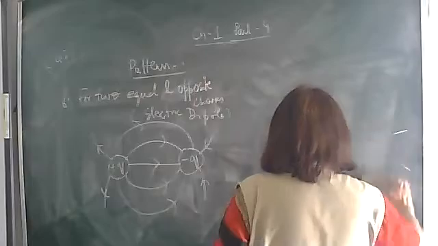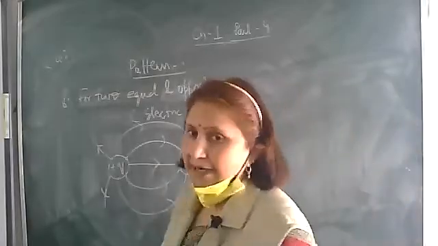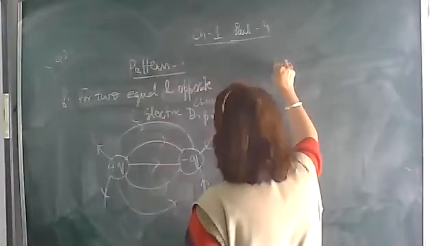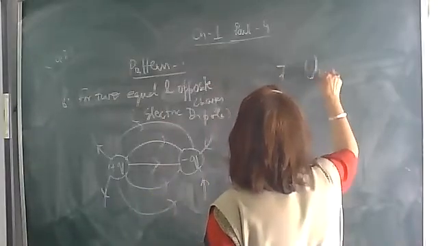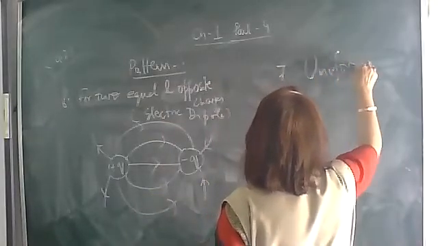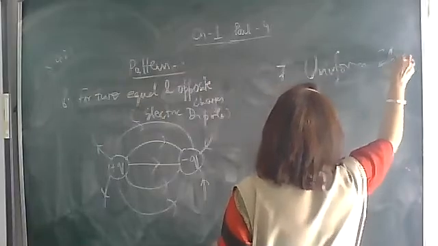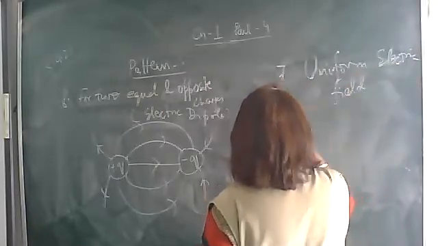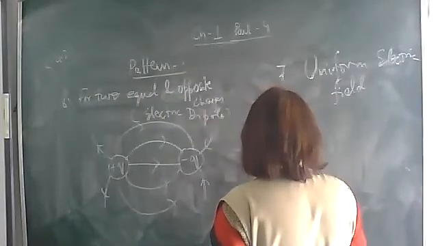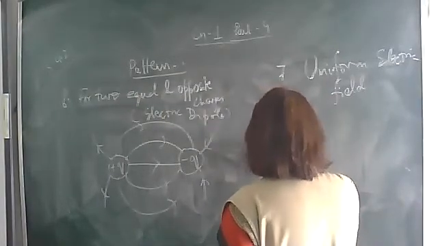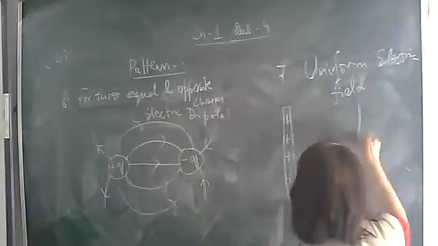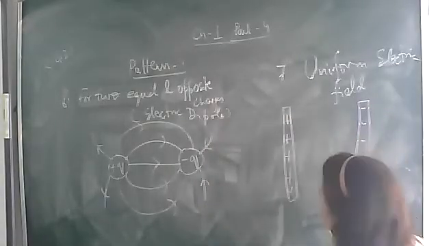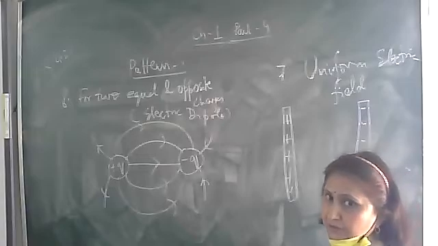Uniform means in a particular region, the magnitude and the direction are all the same. The magnitude and the direction of the electric field is the same. So for uniform electric field, let there be a sheet having a positive charge on it, another sheet close to it having an equal amount of negative charge on it.